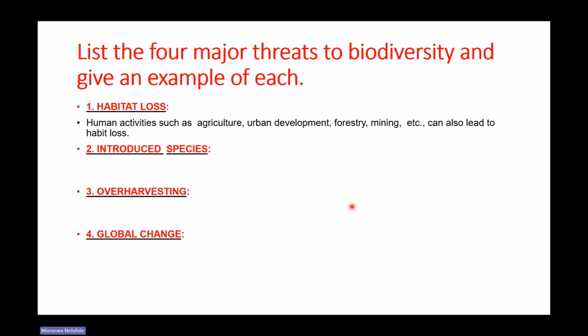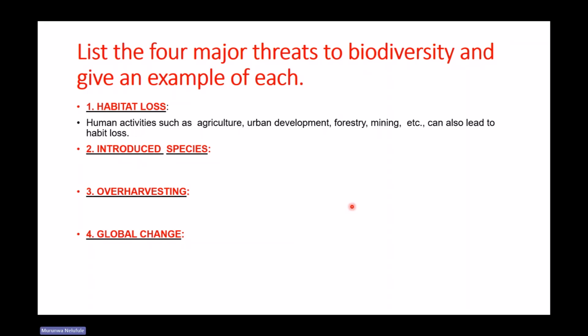But if it's not practiced properly, or if they do not follow proper protocols, it is a huge threat to biodiversity. And the loss of biodiversity leads to a lot of imbalance in the ecological balance of a particular environment.